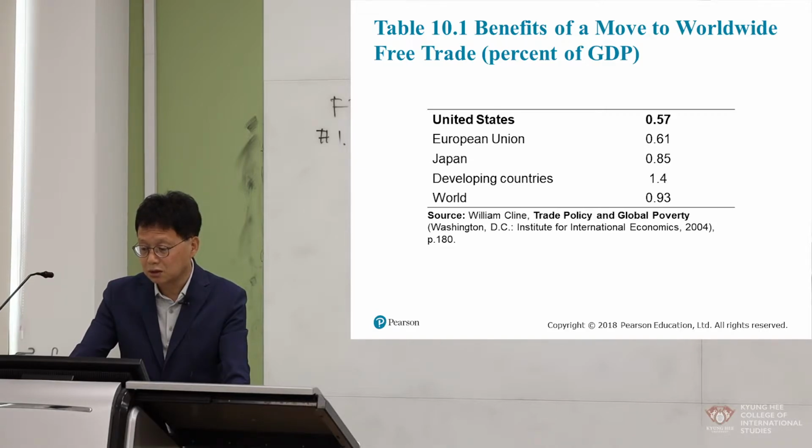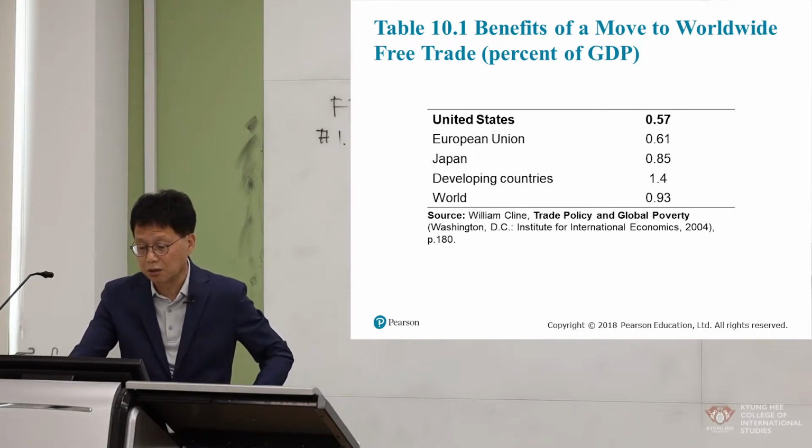Developing countries' GDP increased by 1.4% because developing countries have higher remaining tariffs. So the reduction in tariffs increased GDP. The world, all of the countries, grows only 0.93%.